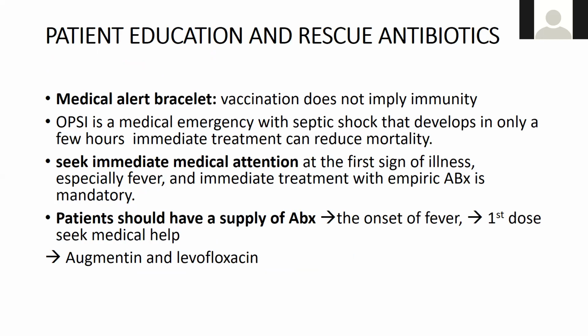And in a setting of OPSI, septic shock, they usually require you to get treated as soon as possible, because studies have shown that you reduce the mortality and morbidity associated with OPSI if you get treated early. It's something that we need to tell our patients: how to recognize OPSI symptoms, like the fever and the other prodromal symptoms, and what they should do when they have this slight fever.